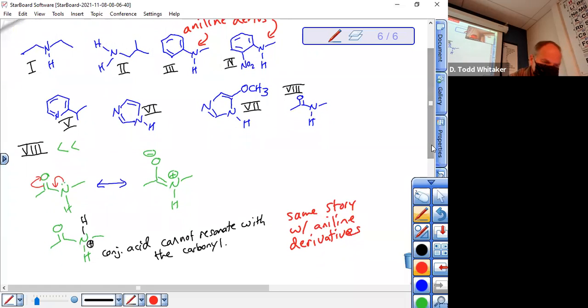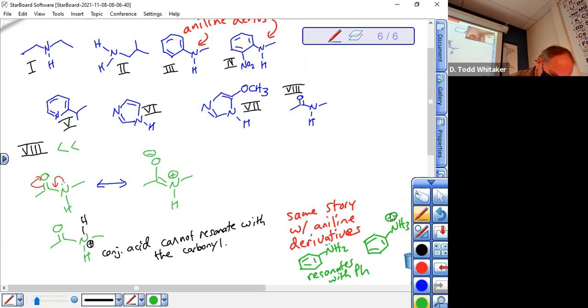You can't resonate with the aromatic ring if there's a proton on. So that's a quick little story. It cannot resonate. I don't think I have to finish that sentence.